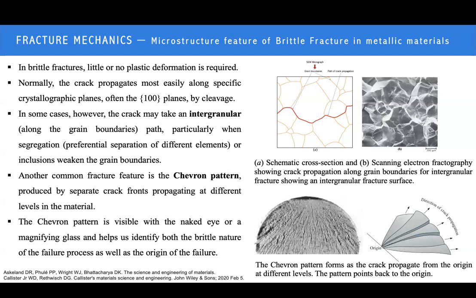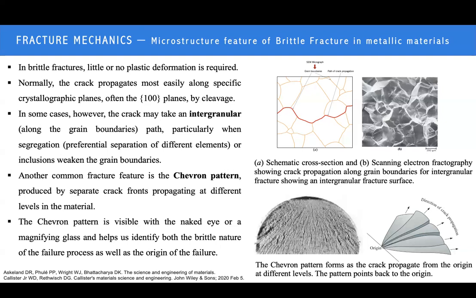As you can see in the image, the crack occurs along the grain boundary, and this is giving the brittle nature of the material at the applied load. And also there could be another fracture feature by means of chevron patterns.